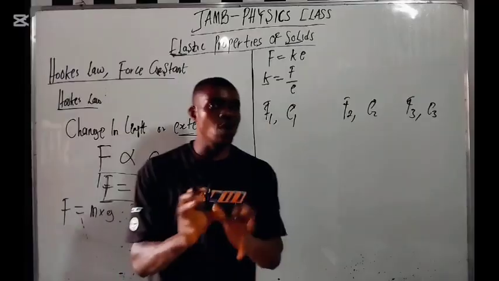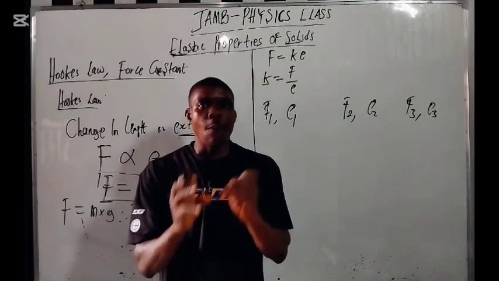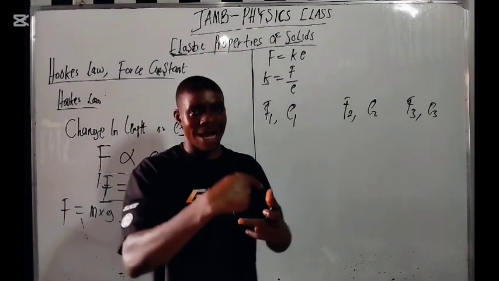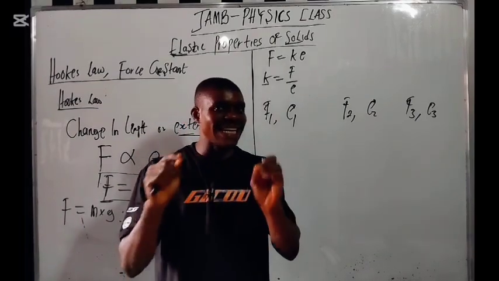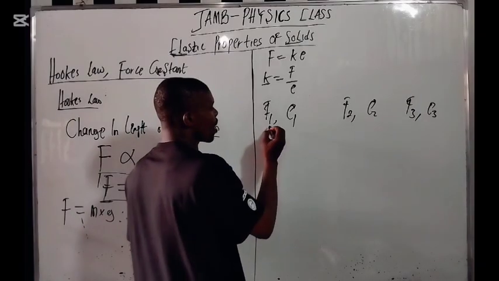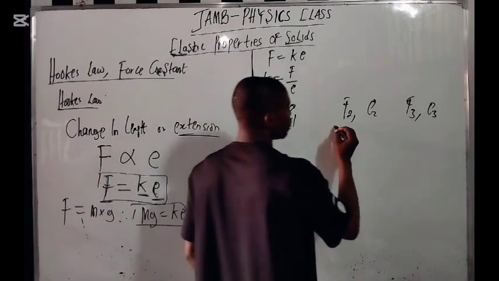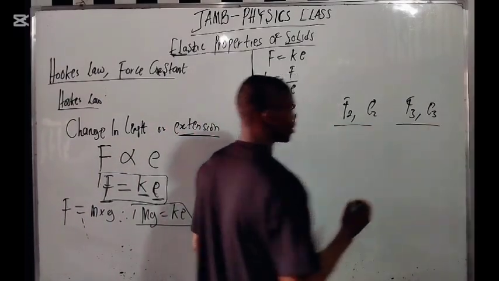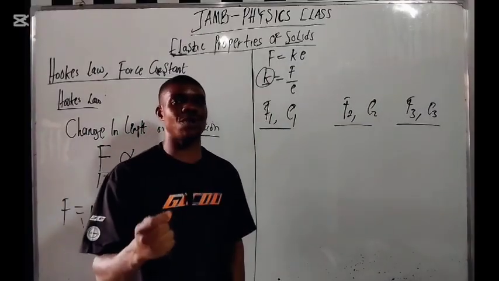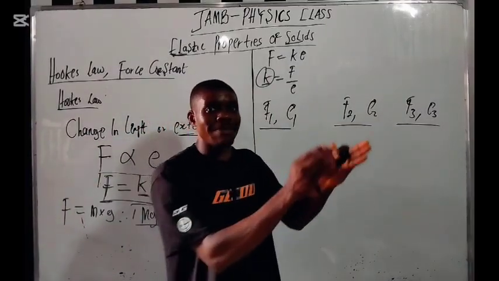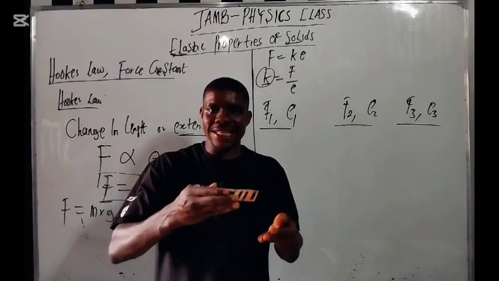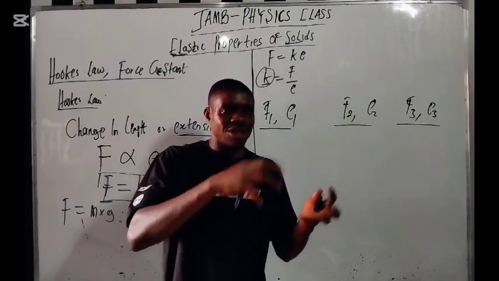Now, in Hooke's law, provided that the elastic limit is not exceeded, everything will go back. This K will be the same when we have force 1 and E1, force 2 and E2, force 3 and E3. So this will be constant as long as the elastic limit of the material is not exceeded, as long as the material regains its size and shape.